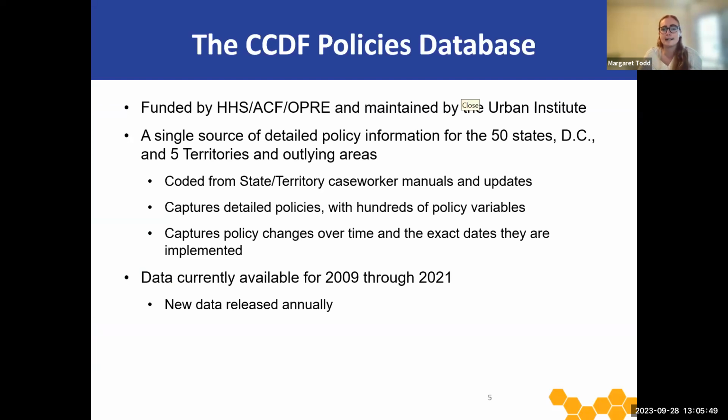The database contains hundreds of detailed policy variables and tracks changes to these policies over time. The database captures the policies that have been implemented in each state and territory and the dates they went into effect. It does not track policy proposals or policies that have not yet gone into effect. Data are currently available for October 1, 2009 through October 1, 2021, with new data released annually.